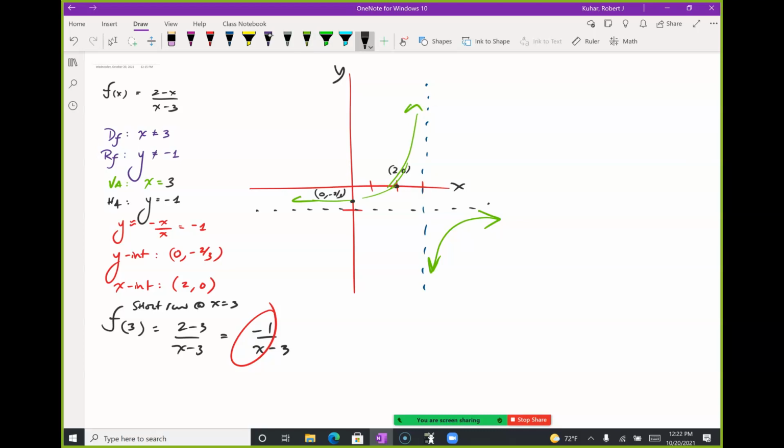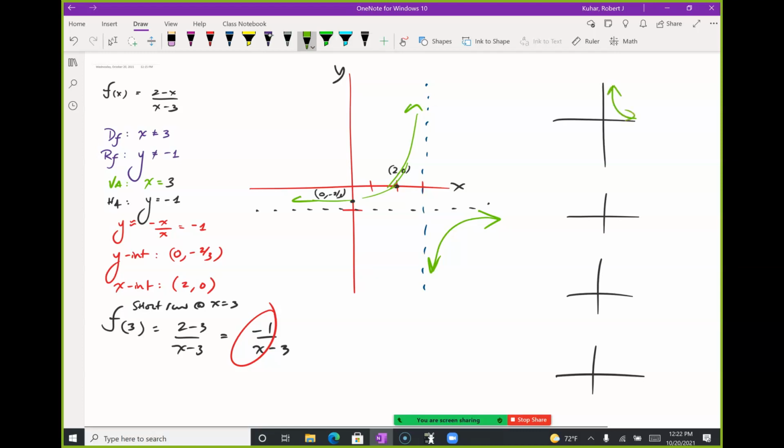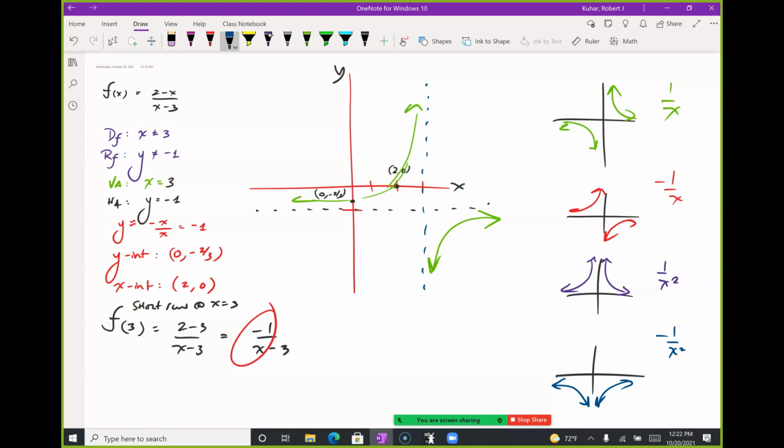It's going to look like one of those four: 1 over x, -1 over x, 1 over x squared, or -1 over x squared. It's going to look like one of those four.